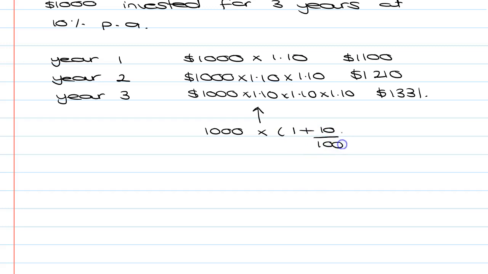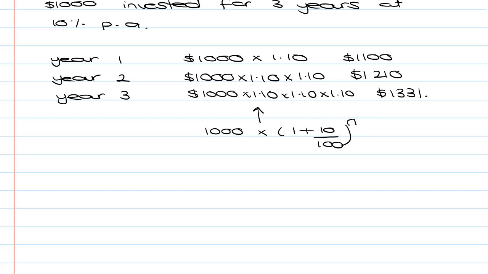And of course, if you look at how that's built up, depending on each year, say n was the number of years, I'm literally going to put it to the power. So you can see at the end of the first year, it's just 1.10 to the power 1. The second year, it's 1.10 to the power 2. And the third year is 1.10 to the power 3. So let's suppose that's how we build up that formula.